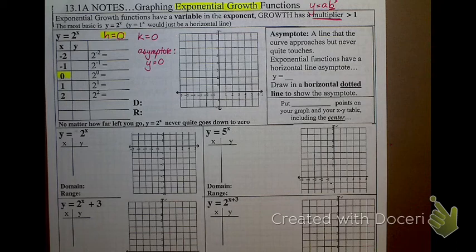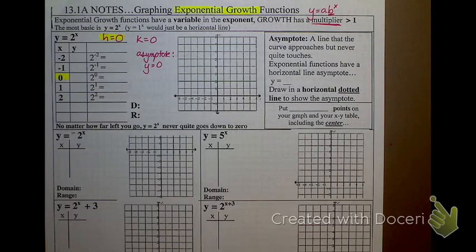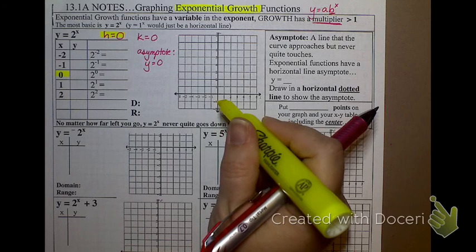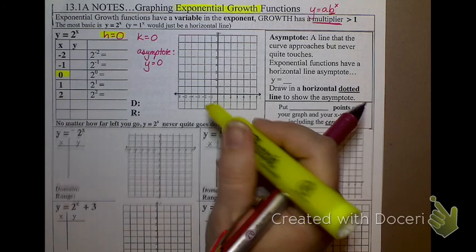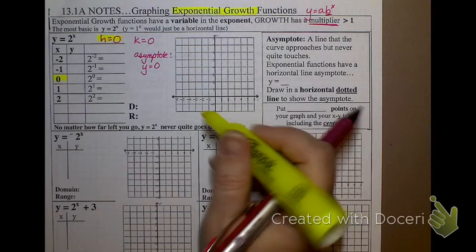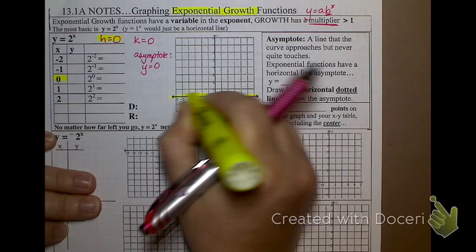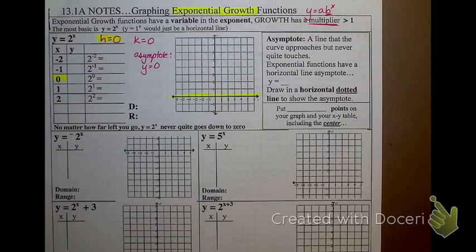Okay, so if my asymptote is y equals 0, I'm going to take a highlighter or a different color. If I don't have a highlighter or a different color, you must do a dotted line for your asymptote. Reason being, your asymptote is not actually part of the graph of y equals 2 to the x. It's a boundary for it.